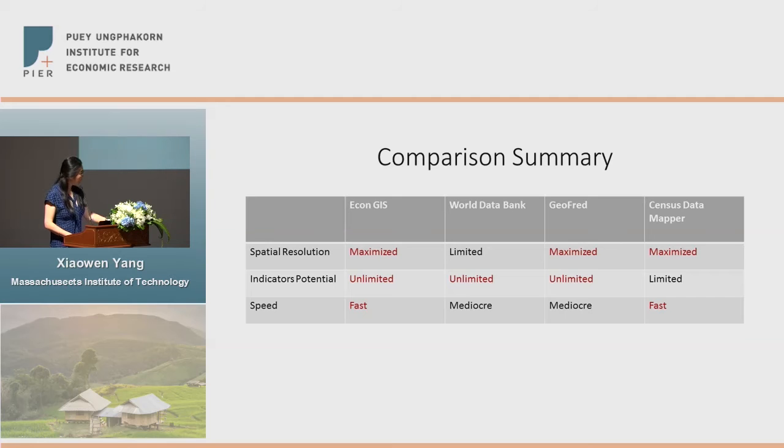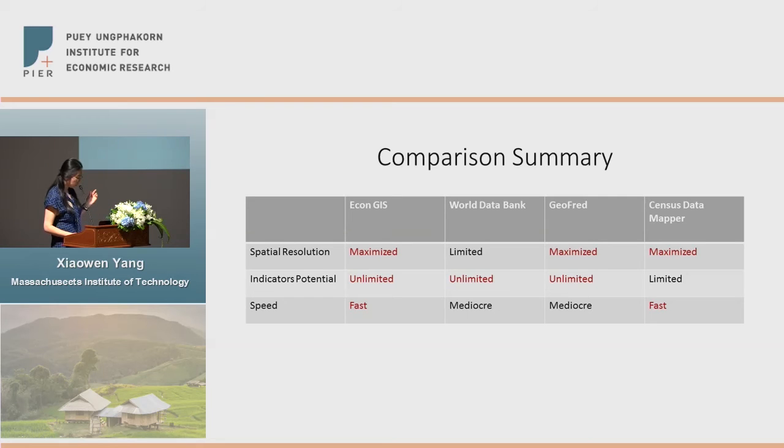So we make this comparison. GeoFRED, which is supported by the US St. Louis Fed, has resolution under the county level for the US, which is about 3,000 units. And for our Econ GIS website, we can support up to 7,000 records sent to the users at the same time.